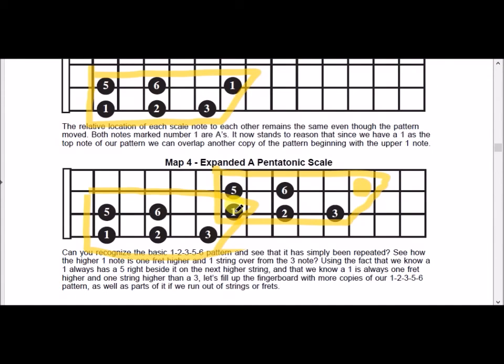and now I'm going to move my index finger over to the A string at the 7th fret. That brings it up to here. The number 6 note is the 9th fret on the A string, and I go up to a 1, which is up here on the 12th fret. I'm playing that with my pinky.